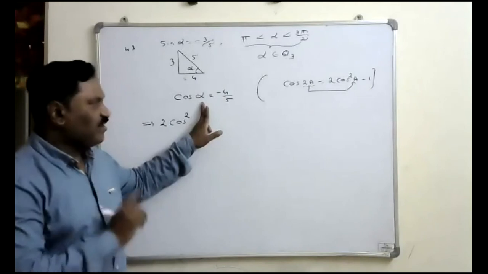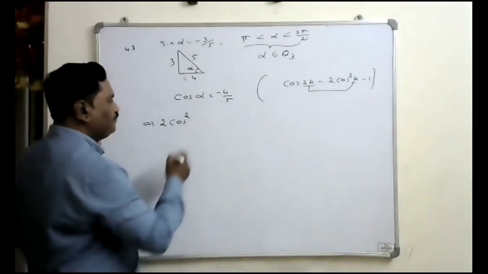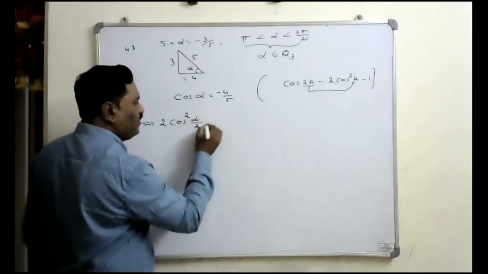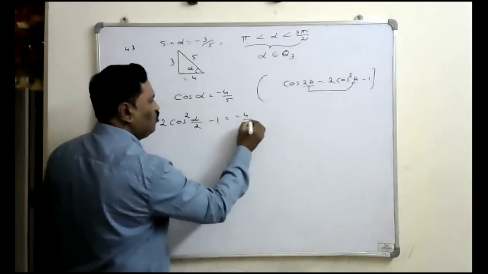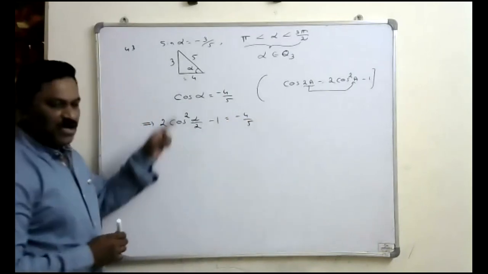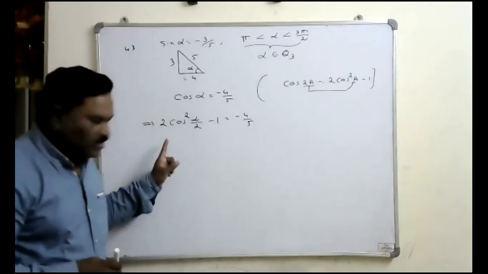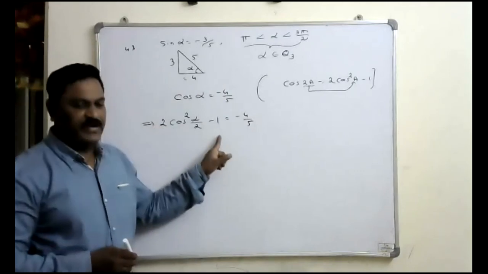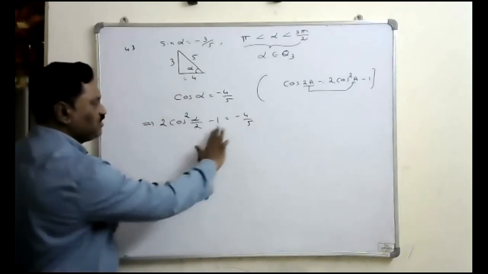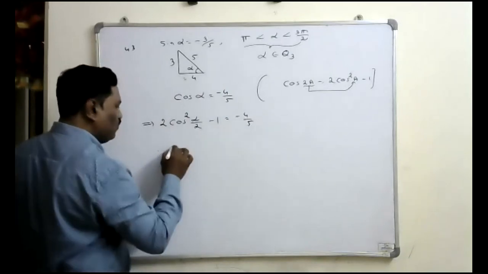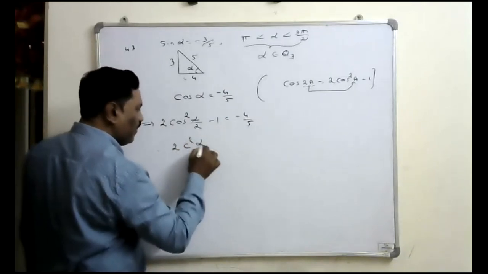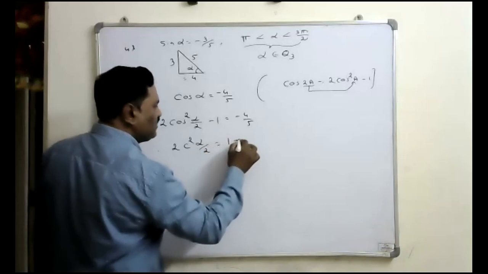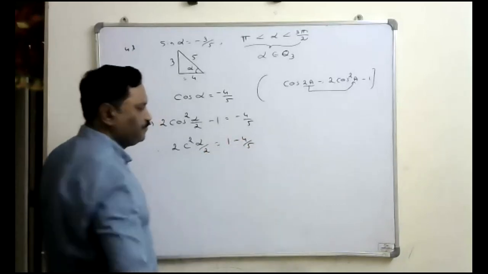Here alpha is there, so half of alpha. Means cos alpha we can write as 2 cos square alpha by 2 minus 1. So send this minus 1 to the other side. Therefore 2 cos square alpha by 2 is equal to 1 plus minus 4 by 5.